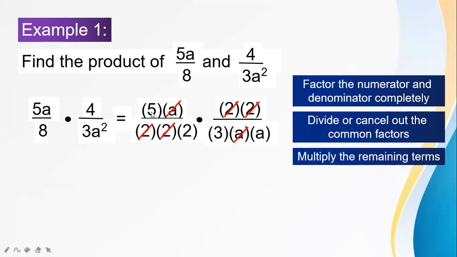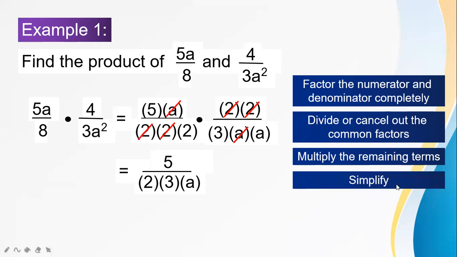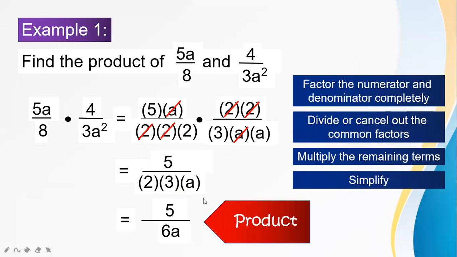The remaining factor is 5, copy, and then 2 times 3 times a, because the remaining factors of the denominator are 2, 3, then a. And therefore, simplify, let us multiply. So we have 5 over 6a. Therefore, this will be the product.